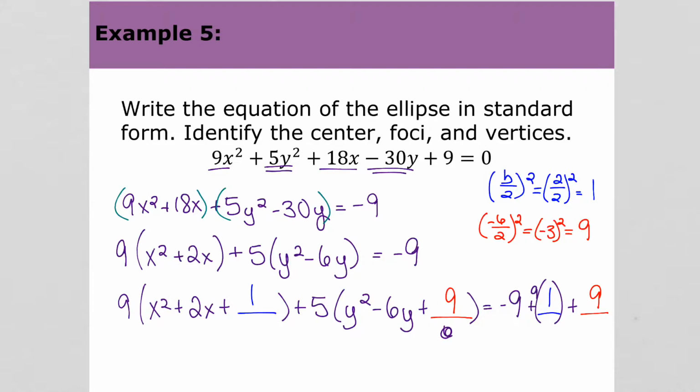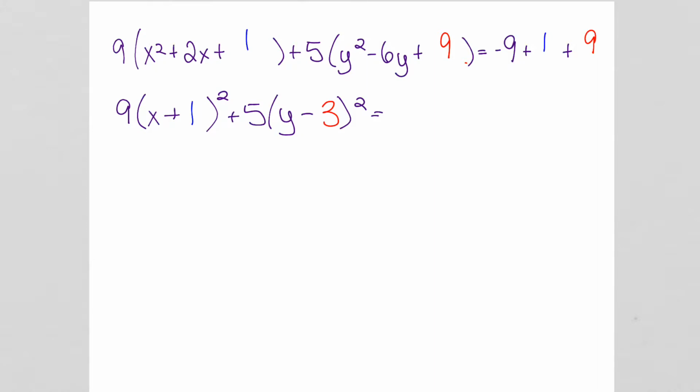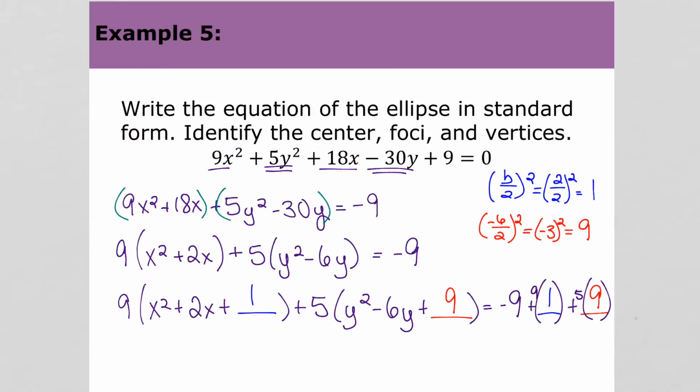This 9, we had pulled out a 5. So we have to multiply that 9 by 5. So what we've got over here is actually negative 9 plus 9 plus 45. I'm sorry I didn't catch that the first time.